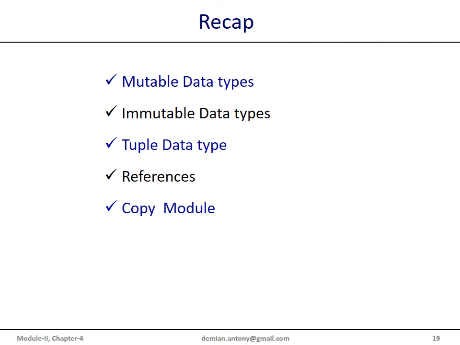We understood the concept of assigning a list to a variable which creates a reference, and the effect of passing and changing the list reference at the function. Finally, we found a solution to protect the list from getting modified at a function through a reference.